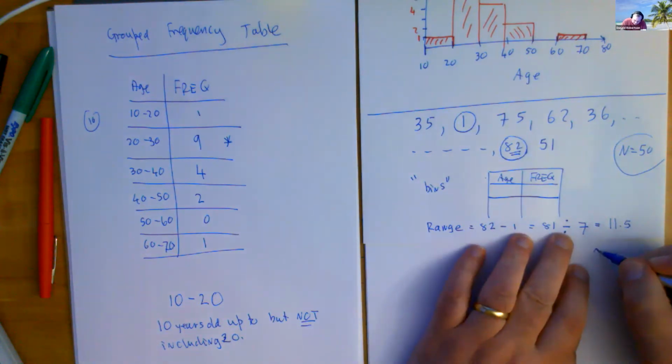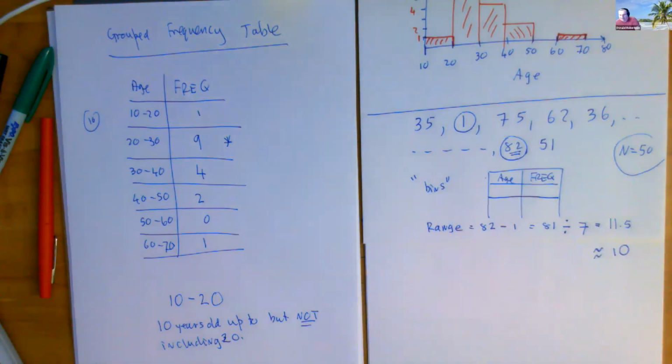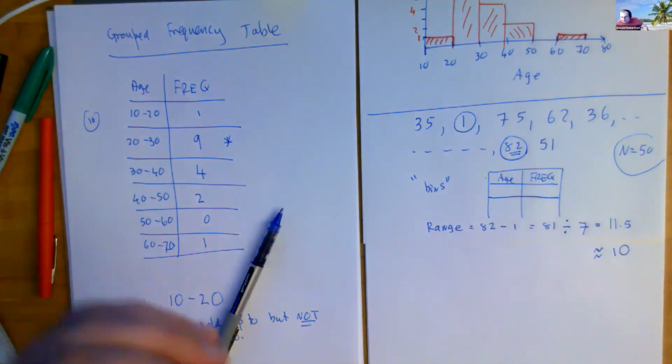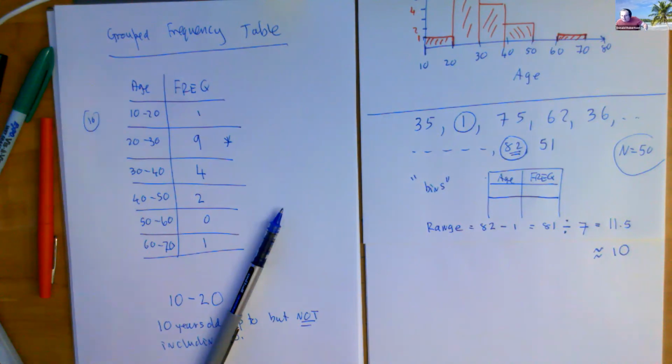What you then do is you turn it into a nice bin size. Remember we talked about vertical scales. Human beings like certain numbers more than others. If you're going to do a bin size, collect things in groups of 5, groups of 10, groups of 20, groups of 50, groups of 100, right?